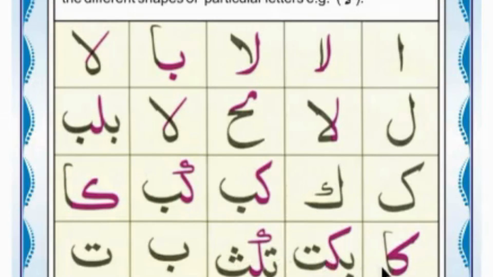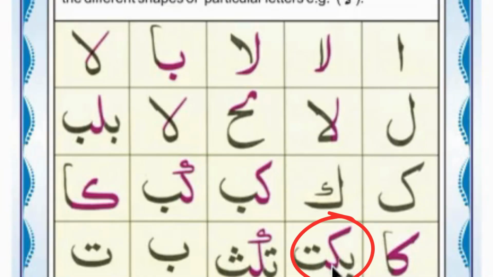Okay, row number 4 start with kaf, alif. Kaf is connected with alif. Now let's read 3 letters together. Ba, kaf, ta.